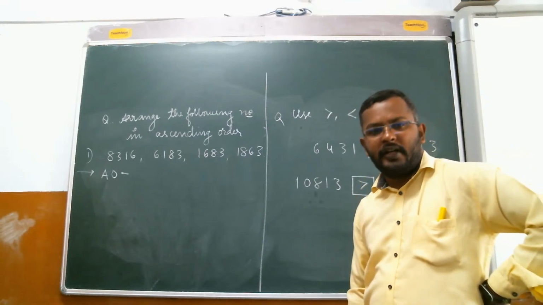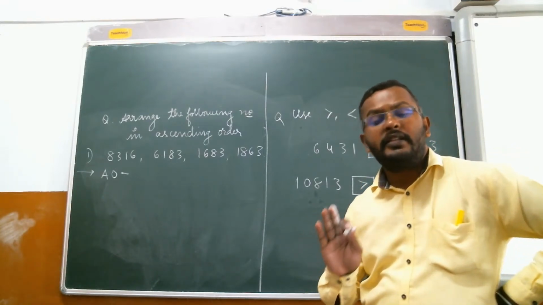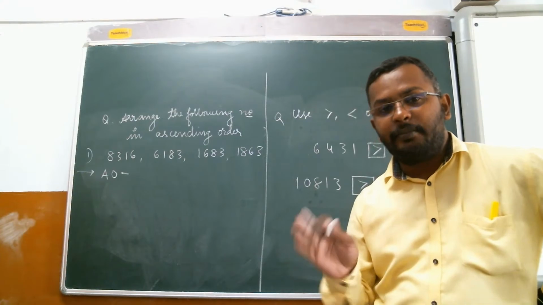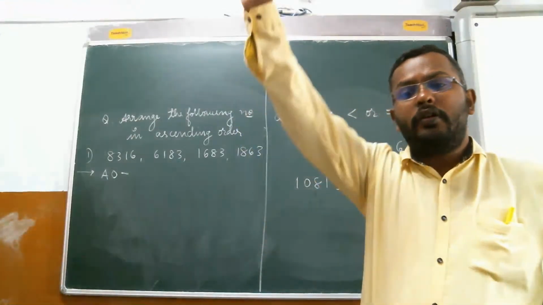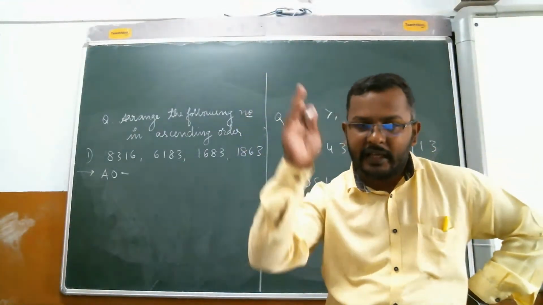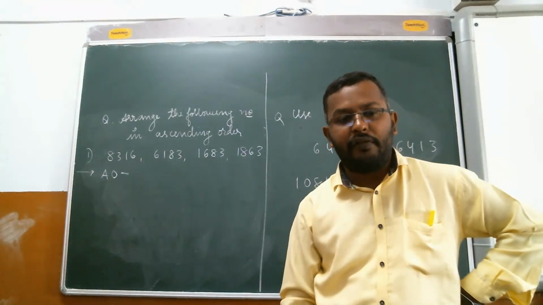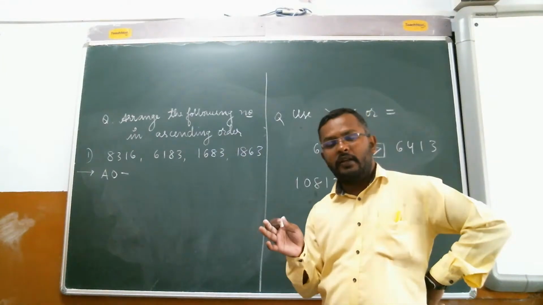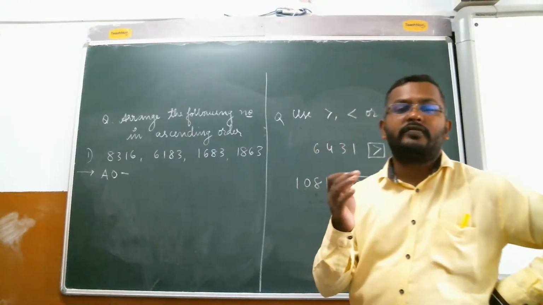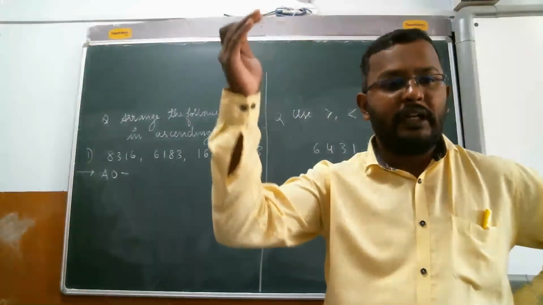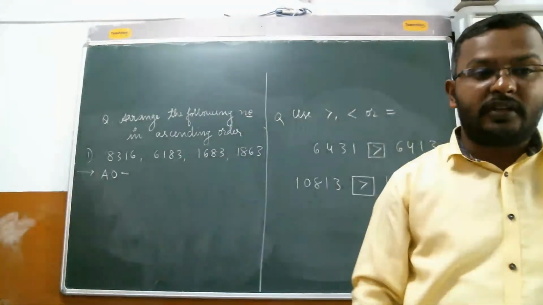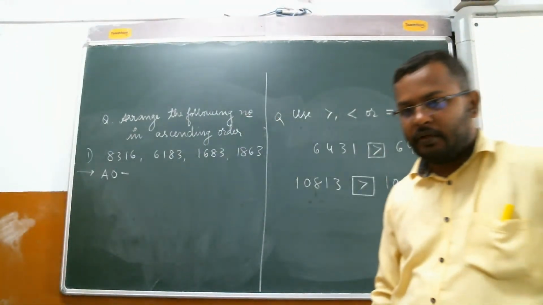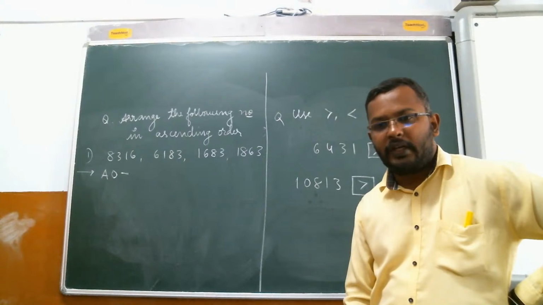See, ascending order means we have to arrange the numbers from smaller to bigger. We have to arrange from the smaller number to the bigger number, not from bigger to smaller. So in case of ascending order, we have to arrange the numbers from smaller to bigger. Okay, so it is smaller to bigger, very good.